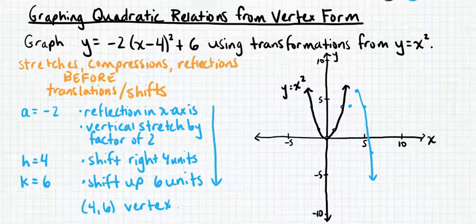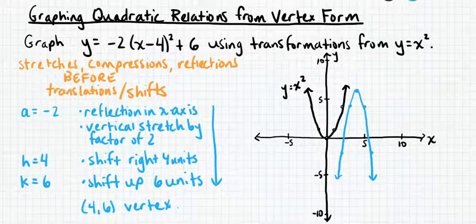Okay, similarly, the next point, I go from the vertex to the right 2 and down 1, 2, 3, 4, 5, 6, 7, 8 units. So from the vertex, I can also go to the left 2 and down 8 units to get this point. And then I can graph the rest of my parabola.